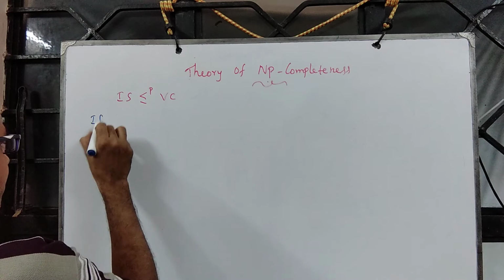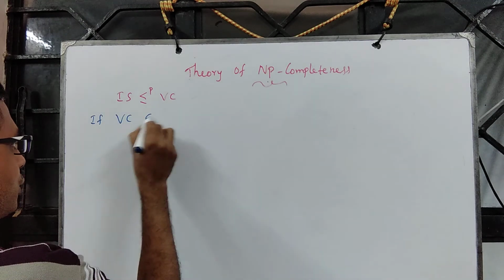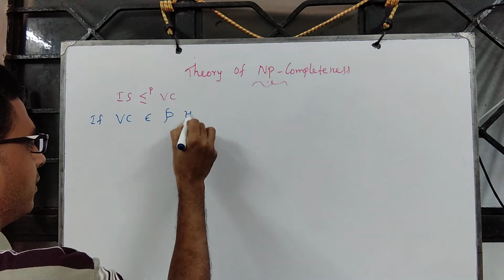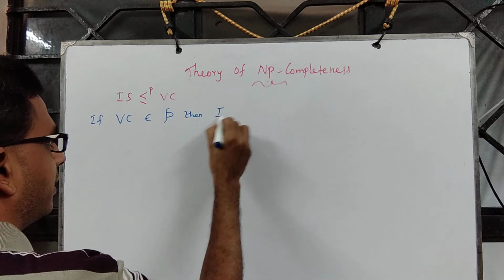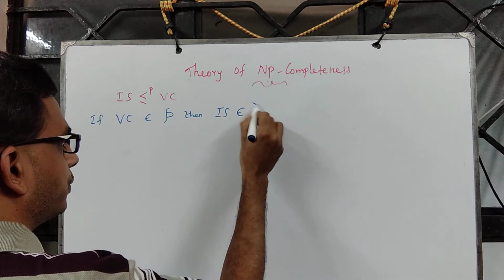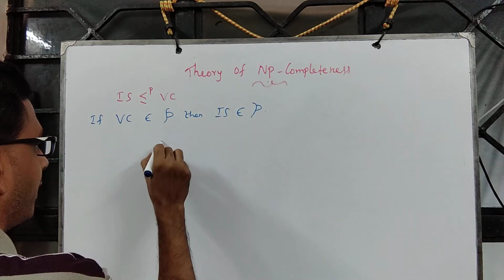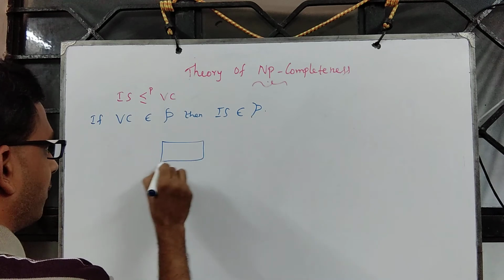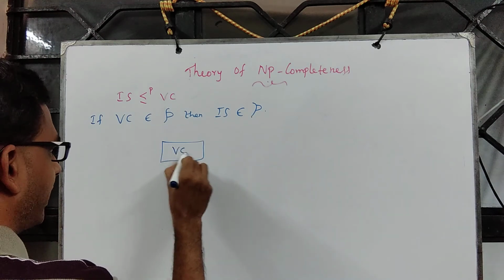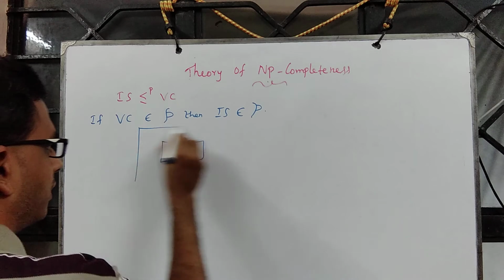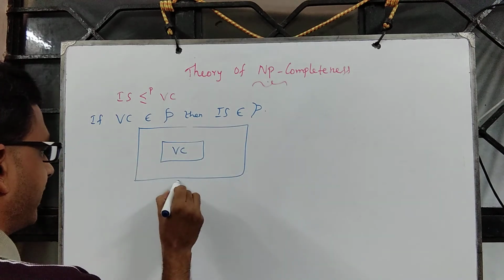If VC belongs to class P, then independent set belongs to class P. Meaning one can use VC as a black box to solve the independent set problem.